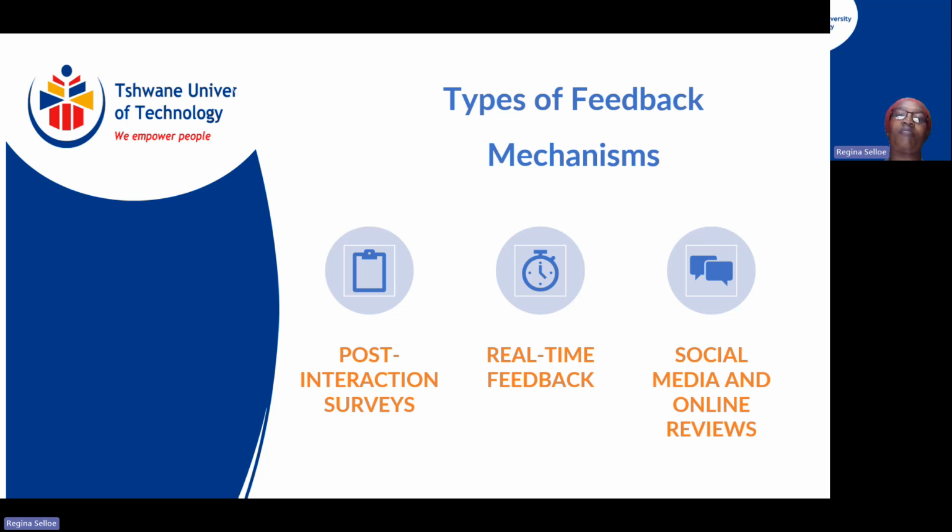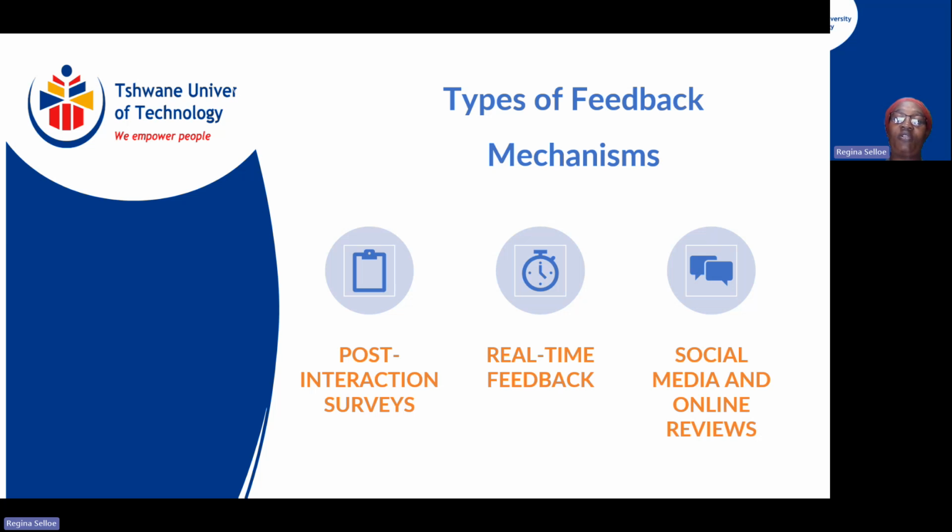The last type of feedback mechanism that can be used is social media and online reviews. For example, feedback posted on Twitter, Facebook, or specialized review sites, which allows customers to express their satisfaction or dissatisfaction in a public forum.